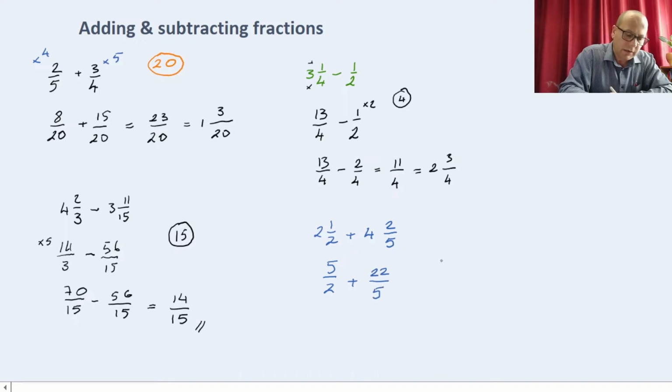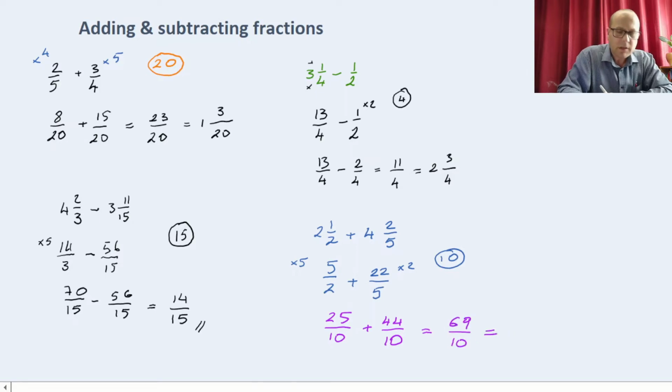Common denominator, it's 10. So therefore, multiply the first fraction by 5 and the second fraction by 2. Then I have 25 over 10 plus 44 over 10. And that is 69 over 10.